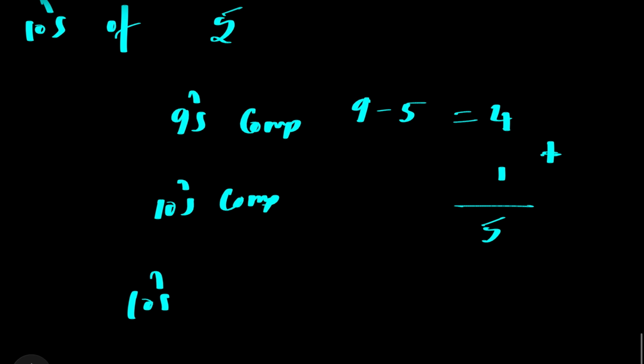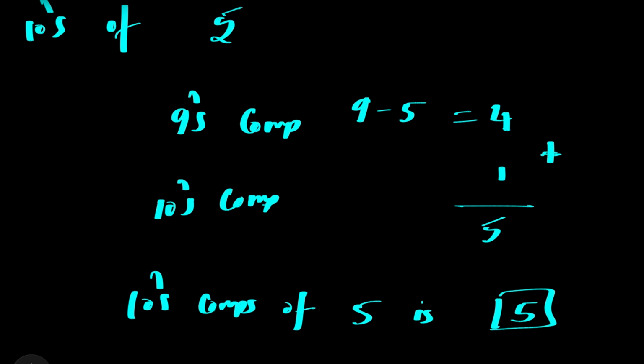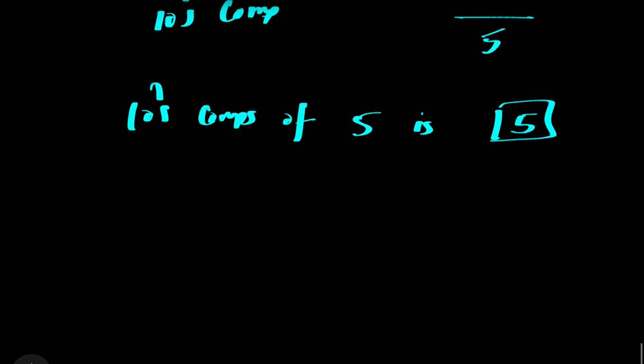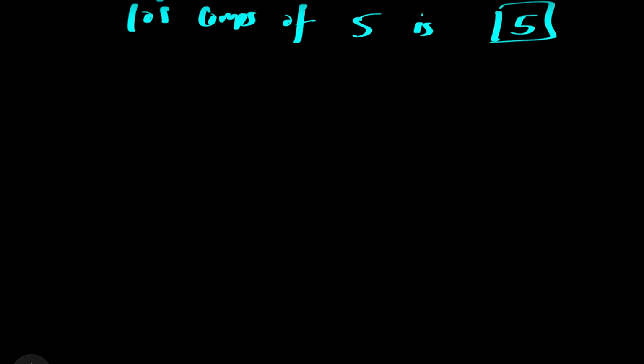So 10's complement of 5 is 5. You might be wondering, it comes out similar, right? But this is just the representation, and we are understanding the process. The real 9's complement and 10's complement will be working with the subtraction.